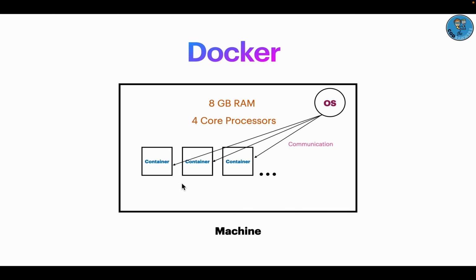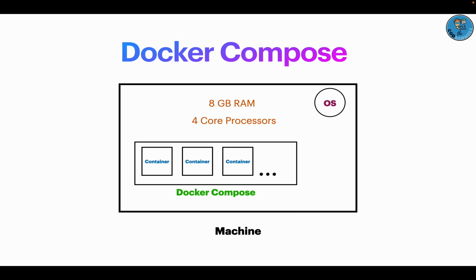So here again comes Docker Compose. Docker Compose is nothing but a combination of all the containers which are needed for a single application. In Docker Compose, we can define all the required services. Services are nothing but containers which are used for a single application. Docker Compose makes it easier.